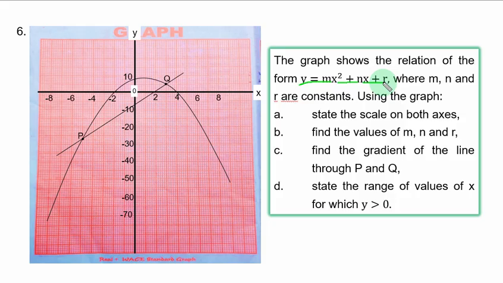B, find the values of m, n, and arrow. C, find the gradient of the line through P and Q. D, state the range of values of s for which y is greater than 0. Here the examiner has plotted the graph for you, and you are to use the graph to answer the following questions.